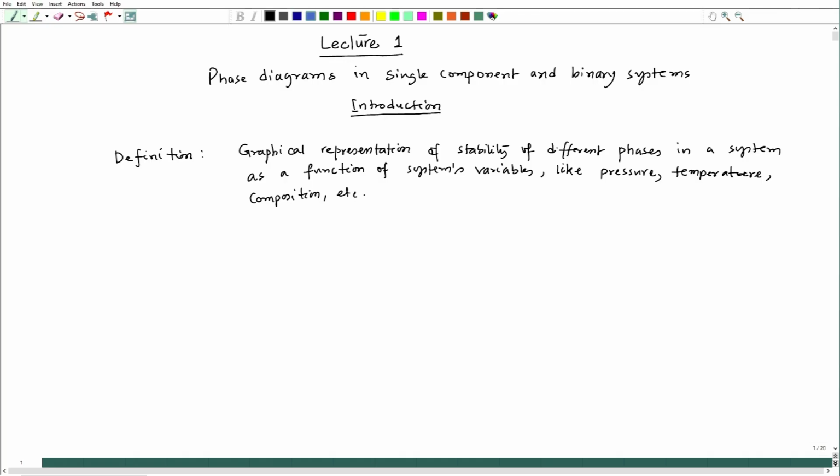Now, there are a few terms like stability, different phases, system variables, and when we talk about system variables, here we are talking about pressure, which is denoted as P, temperature, which is denoted as capital T. Composition, interestingly, means it has various components, then only we can measure in terms of mole fraction or weight fraction or atom fraction.